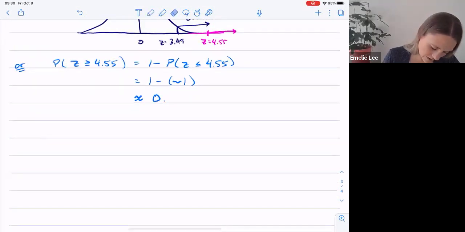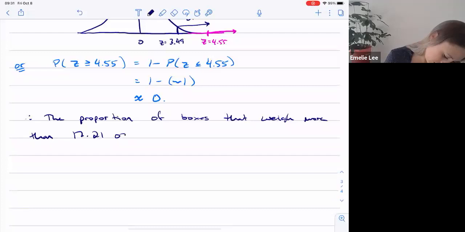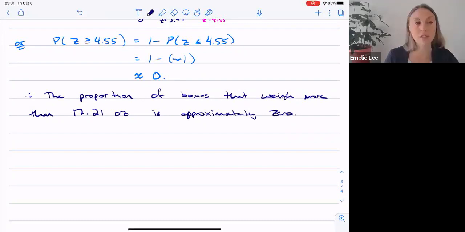Therefore, the proportion of boxes that weigh more than 17.21 ounces is approximately 0. That's good.